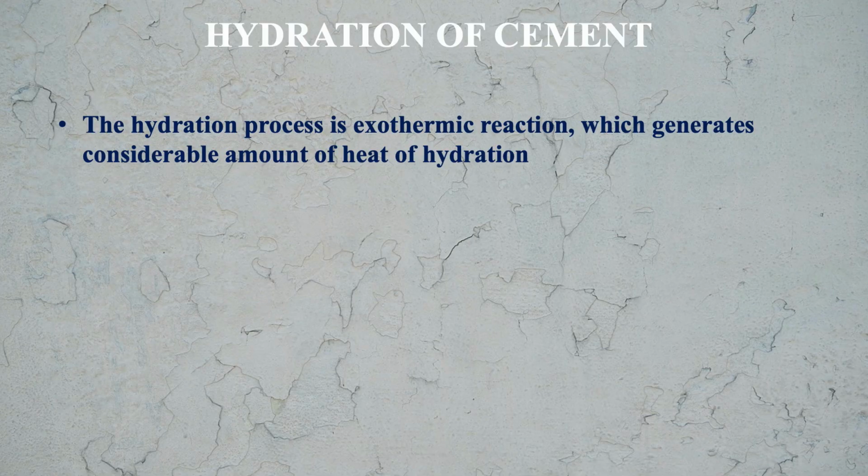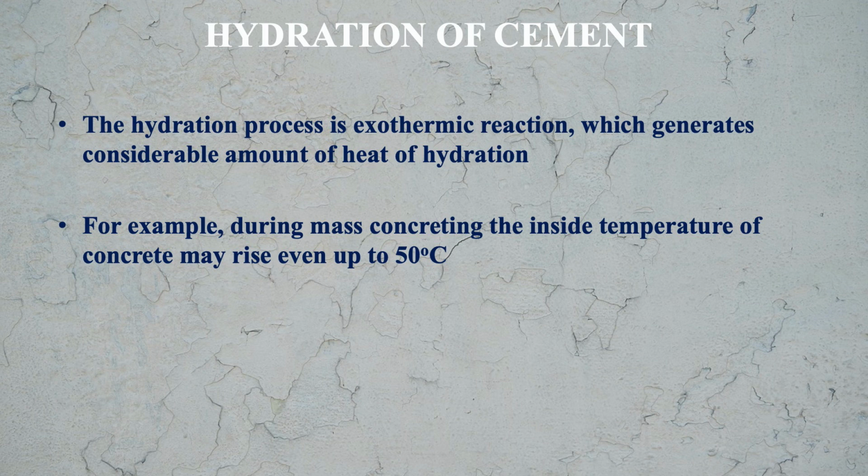The hydration process is an exothermic reaction. Exothermic means the reactions in which heat is evolved when the reaction is taking place. So this hydration process generates a considerable amount of heat of hydration, means a large amount of heat is evolved. For example, during mass concreting, the inside temperature of concrete may rise even up to 50 degrees centigrade.